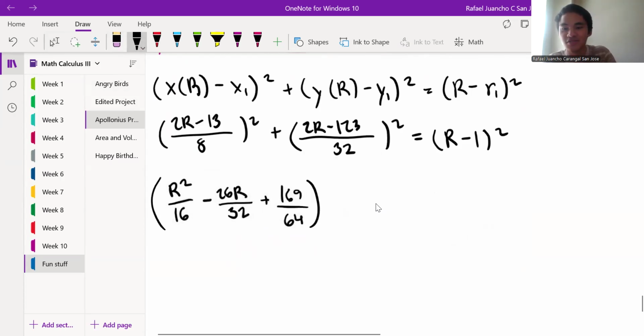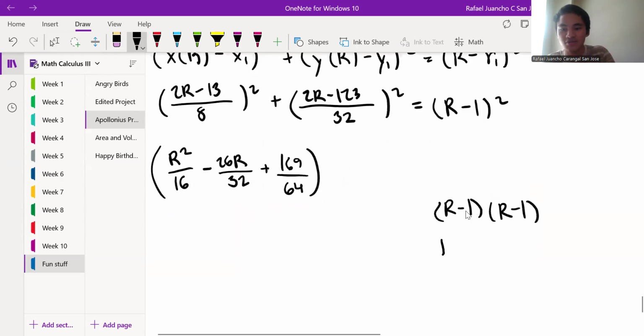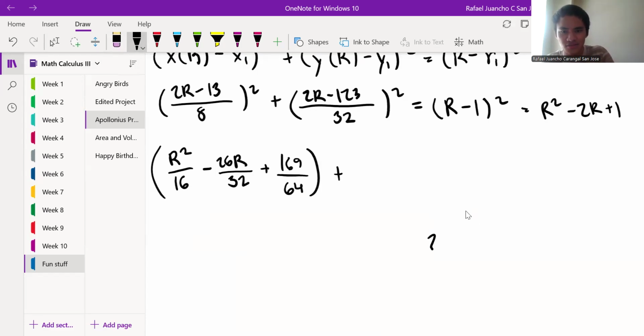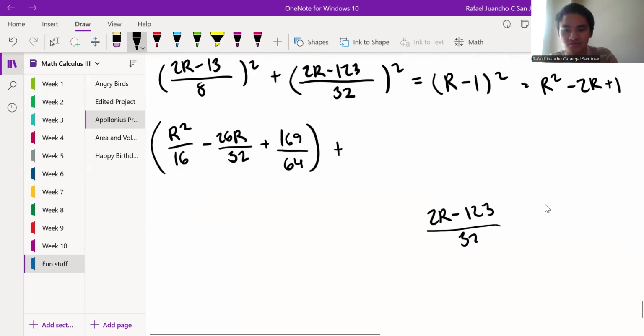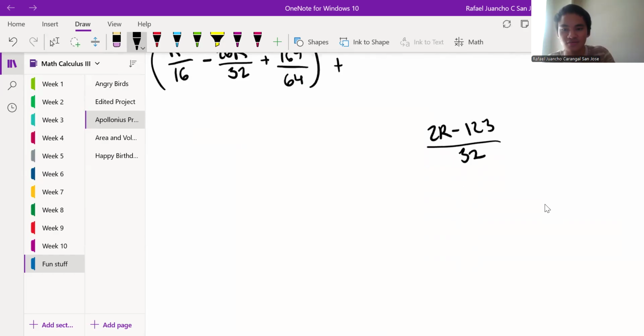Actually, why did I do this? This one's easiest. So this one is just r squared minus 2r plus 1, right? So let me put that on the side here. And I'm just gonna drag it when I'm done. Okay, I'm gonna add it to this one now. So this is 2r. Is there a nicer way to kind of organize this?